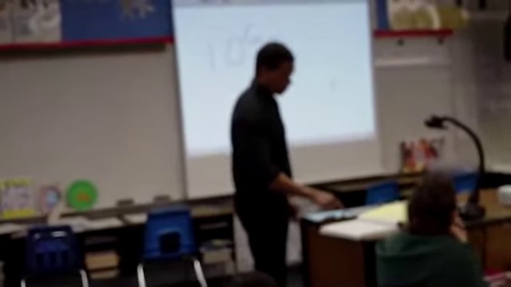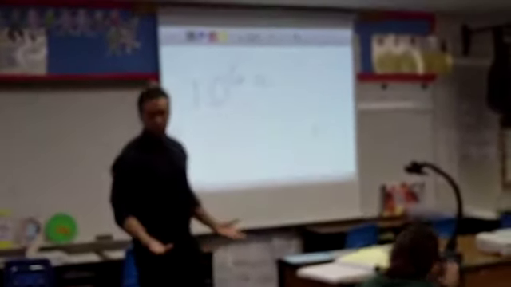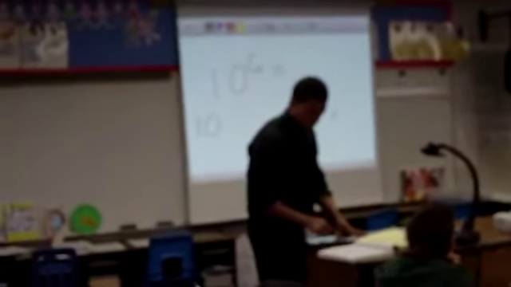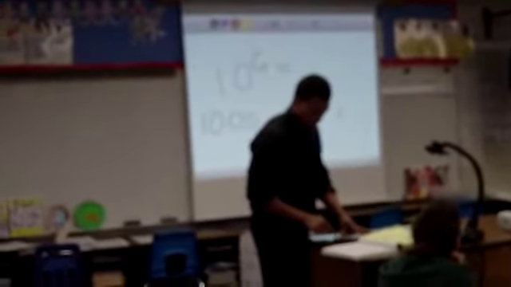A trick is, instead of writing 10 six times and multiplying, you can simply write 1, and then since our exponent is 6, we put 6 zeros after it. So 1, 0, 2, 3, 4, 5, 6. What is 10 to the power of 6? 1 million. Yeah. So that's a shortcut.